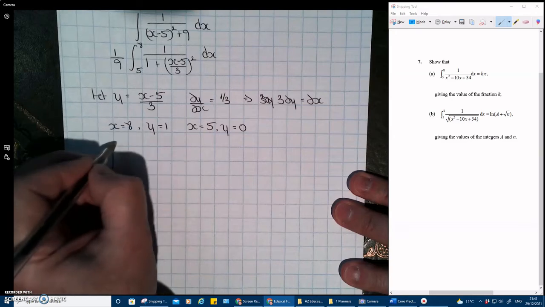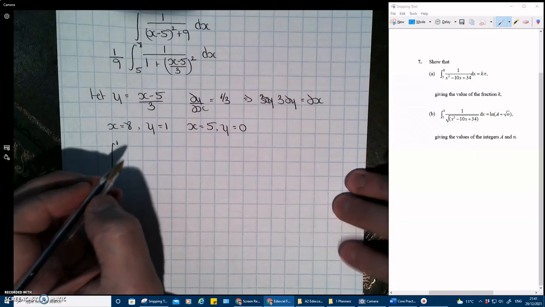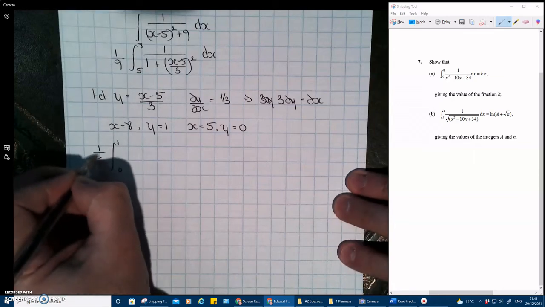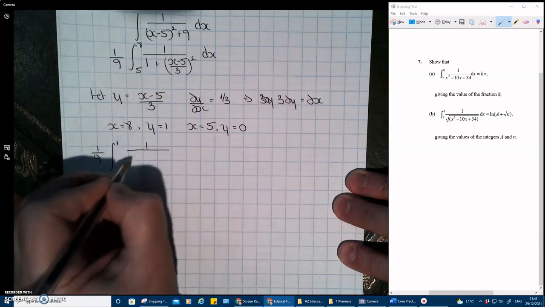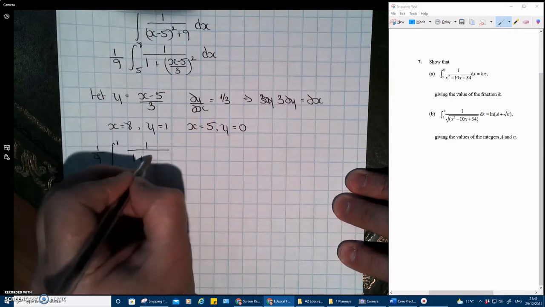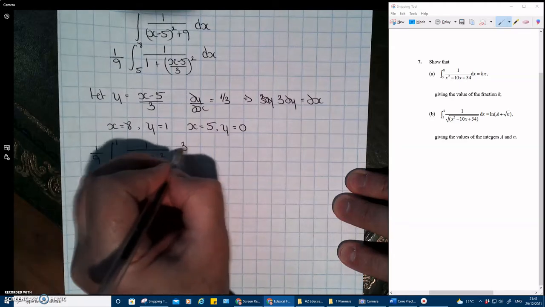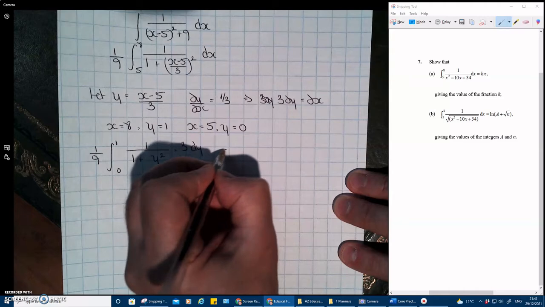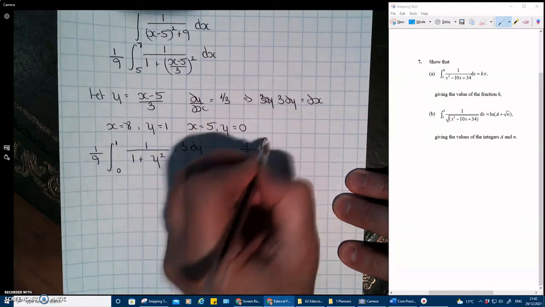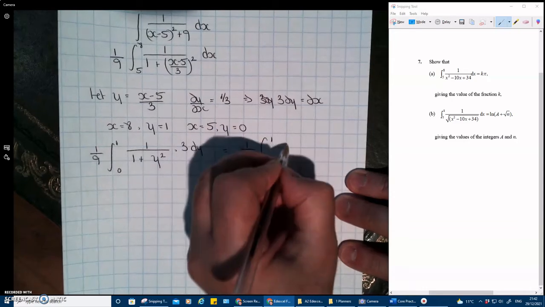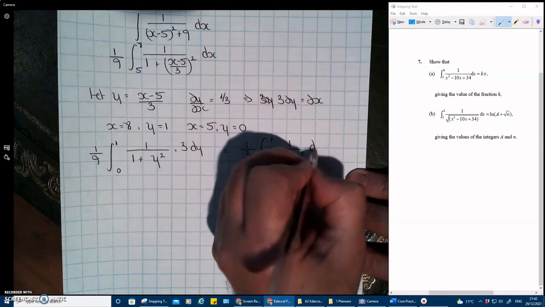So now by the change of variable, I've changed the integration into this. It's between 1 and 0, and I've got a ninth, and I've got the integral of 1 over 1 plus y squared times 3 dy. Clearly I can take the 3 out, so I end up with a third integral 1 to 0, 1 over 1 plus y squared dy.